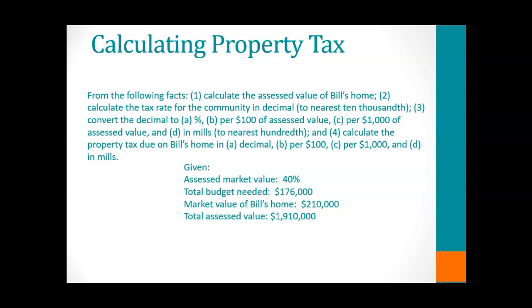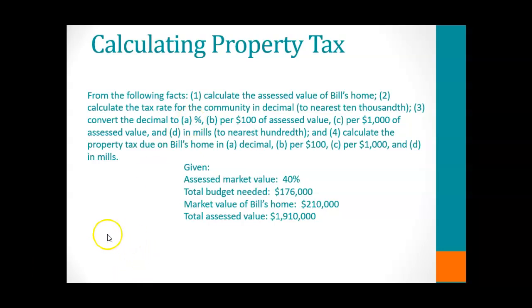Okay? So the assessed market value in this situation would be 40%. That means that 40% of Bill's home value is going to be used to determine the assessed value of Bill's property.